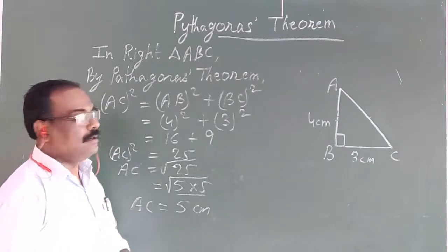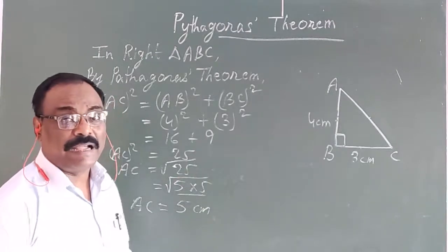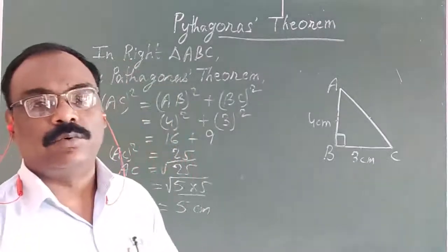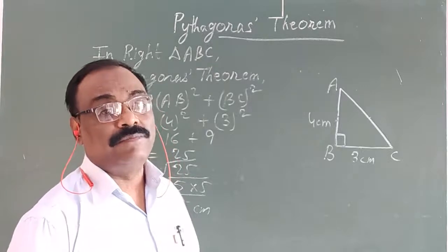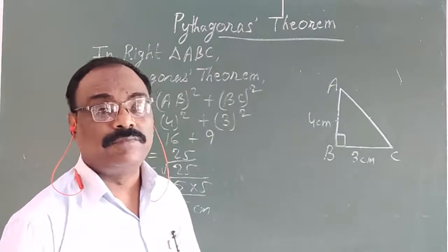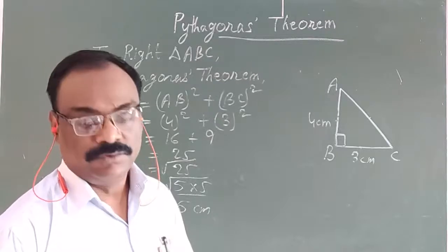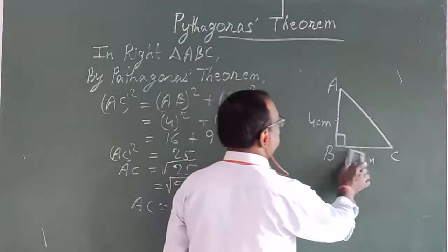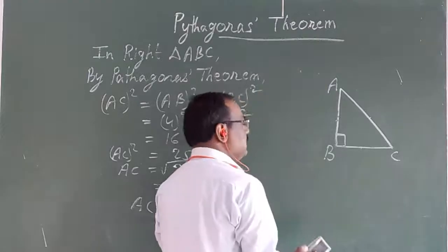Now, if the hypotenuse is given to us and one of the sides is given to us, then how can we find the length of the other side?